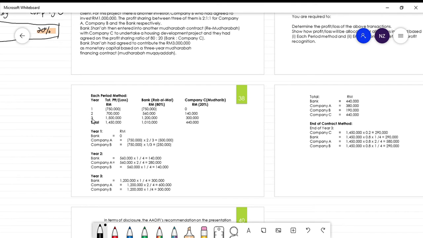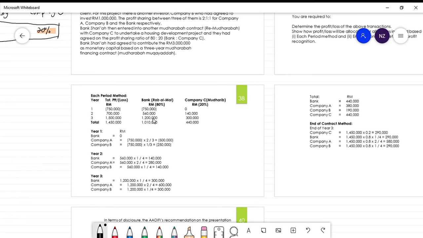Sama for the following years, tahun ketiga pun samalah dia punya cara kira profit, sebab dia dapat profit juga 1,500,000 ni. So dia pun ambil 1,500,000, dia darab 80%, akan dapat 1,200k. Same goes to company C, ambil 1,500,000, dia darab dengan 20%, dia akan dapat 300.